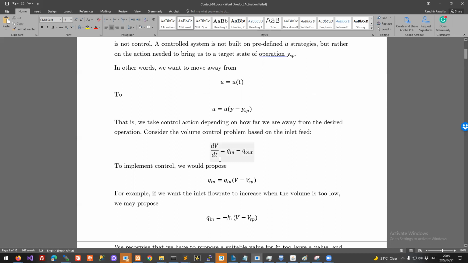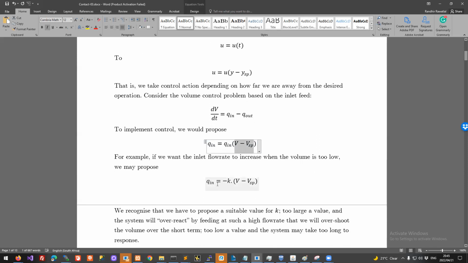So continuing that example with the volume, we want to propose something like this. So we don't know what this function is of this difference yet. But if we say simply that the inlet flow rate is minus some constant times this volume difference, then that will in effect try to get us to the set point.